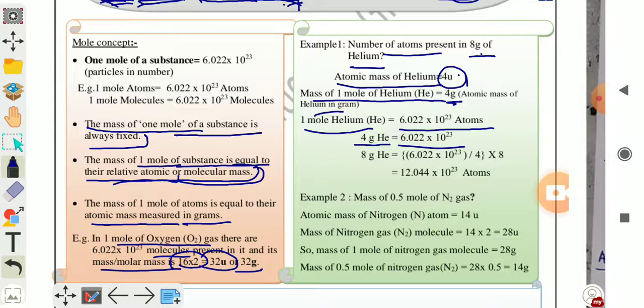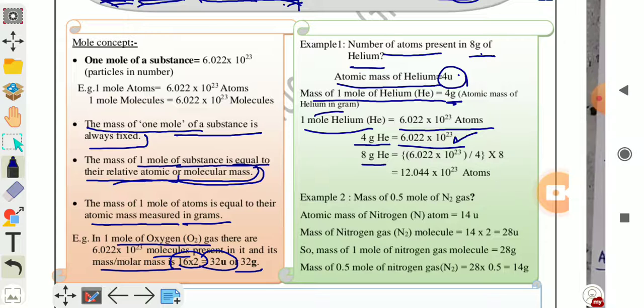If 4 gram contains 6.022 into 10 raised to the power 23 particles, then in 8 gram the number of particles will be 6.022 into 10 raised to the power 23 upon 4.